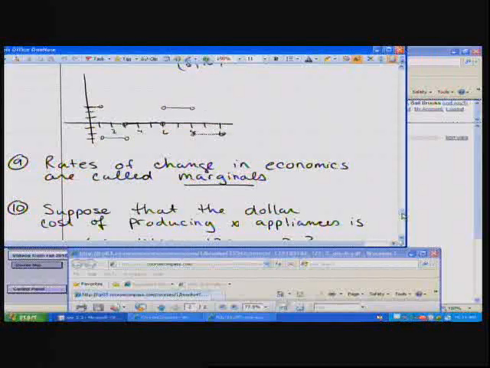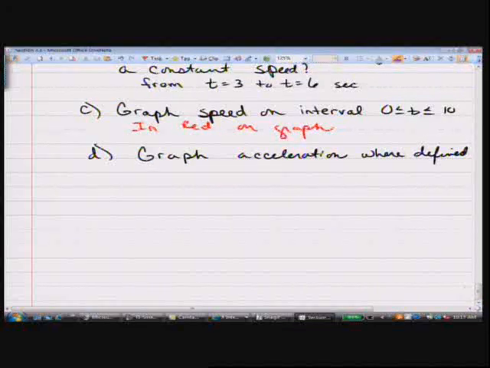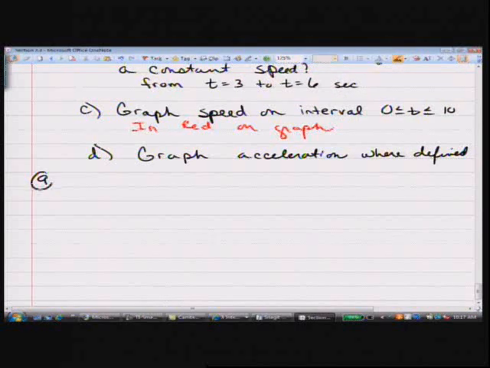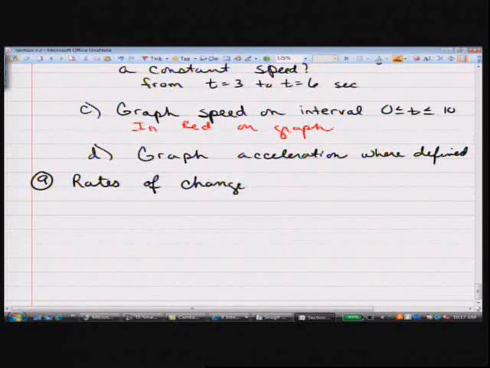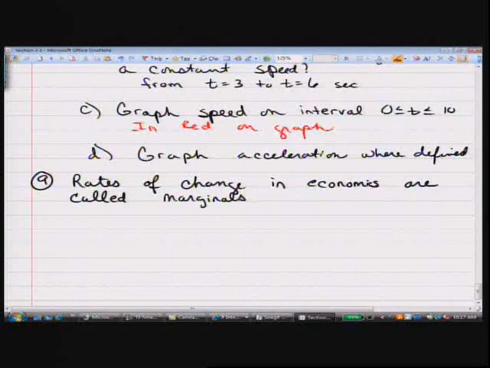Have y'all heard those words before? Yes? No? Rates of change in economics are called marginals. So you have marginal cost and marginal revenue.